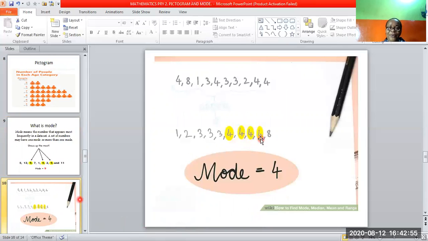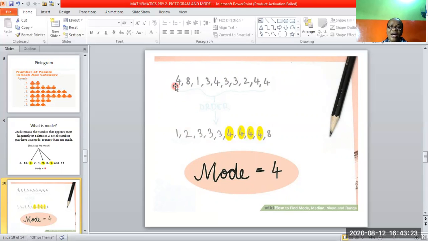Let's take another example. We have 4, 8, 1, 3, 4, 3, 3, 2, 4, and 4. These are the numbers, okay? Now, let's arrange these numbers in ascending order. Then we have 1, 2, 3, 3, 3, 4, 4, 4, 4, 8.